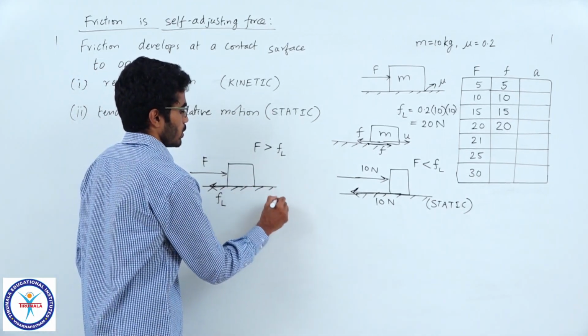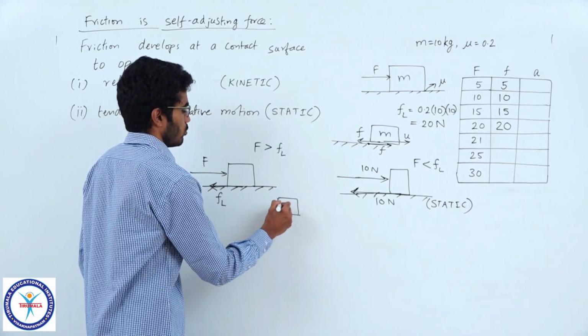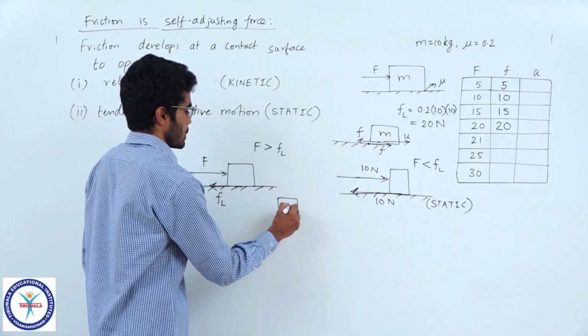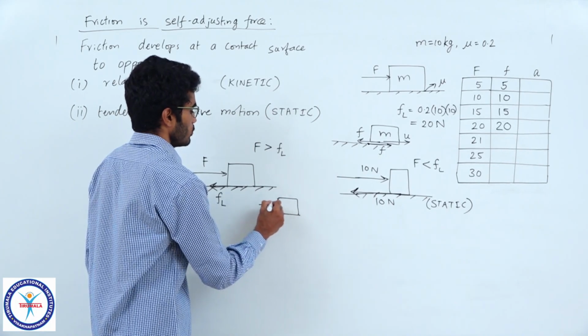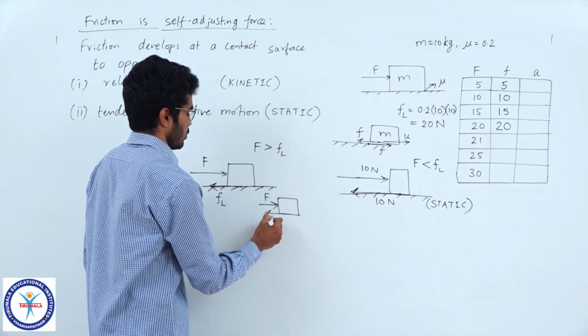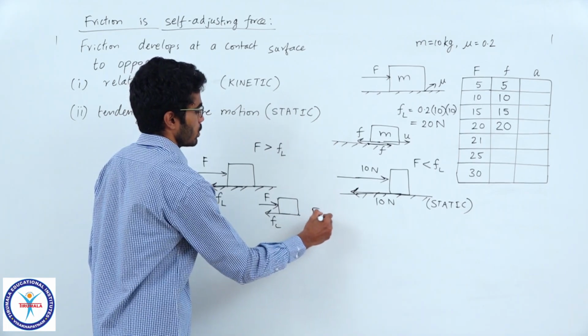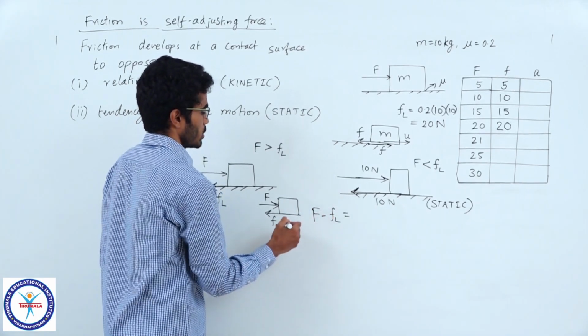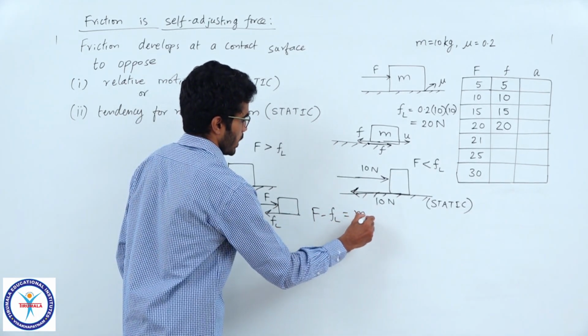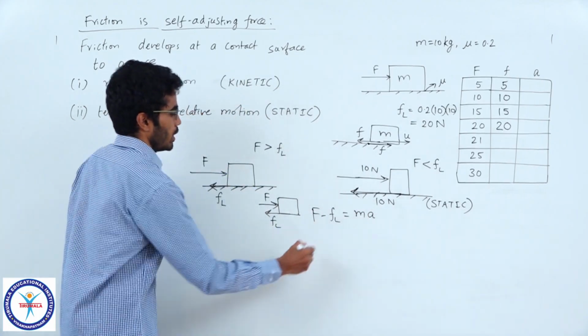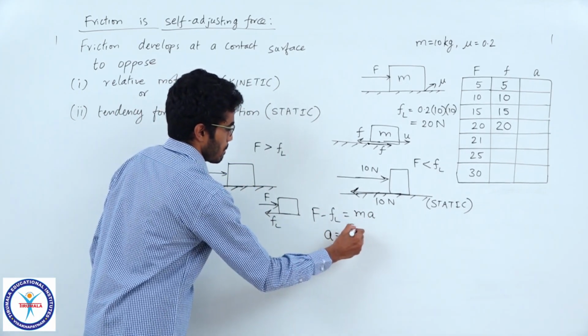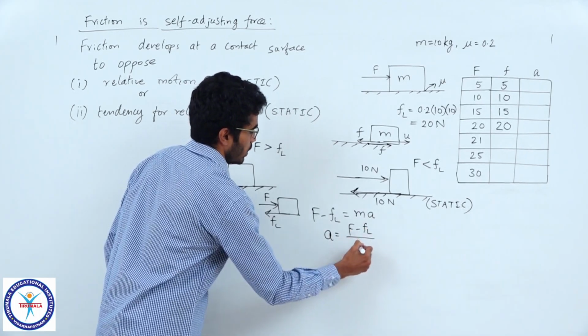So, applying the second law, we can write the acceleration as F minus FL equals m into a. And acceleration is (F minus FL) by m.